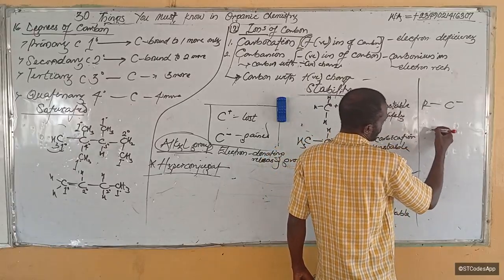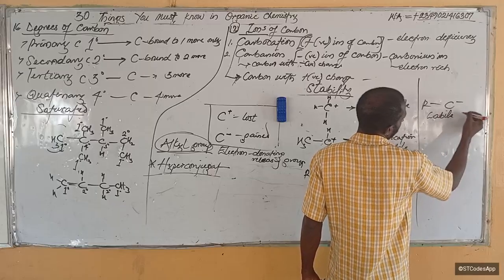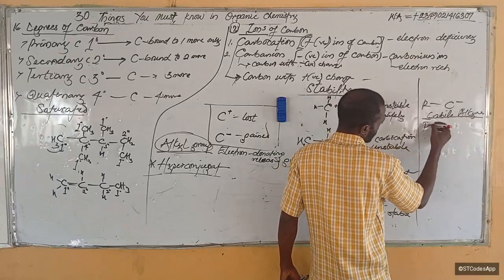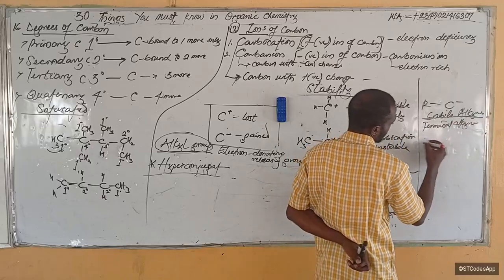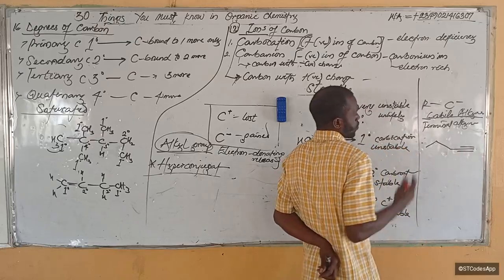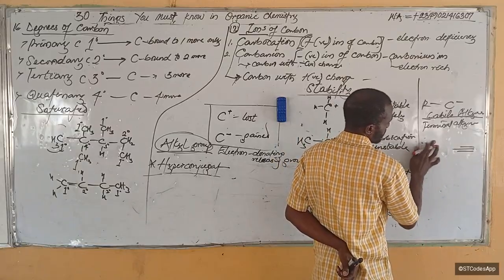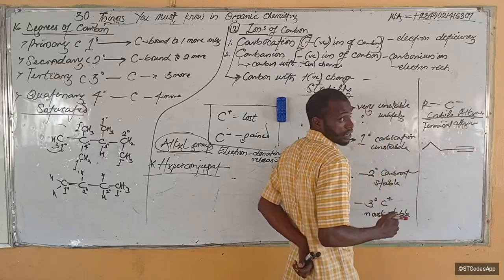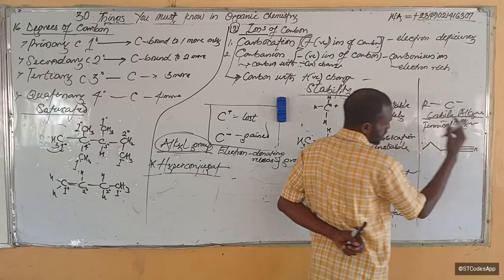Now watch. Labile alkynes. And which alkynes are labile? Terminal alkynes, right? Now what do they do? Now when you have a terminal alkyne like this, for example, you know that it is bonded to hydrogen here, right?